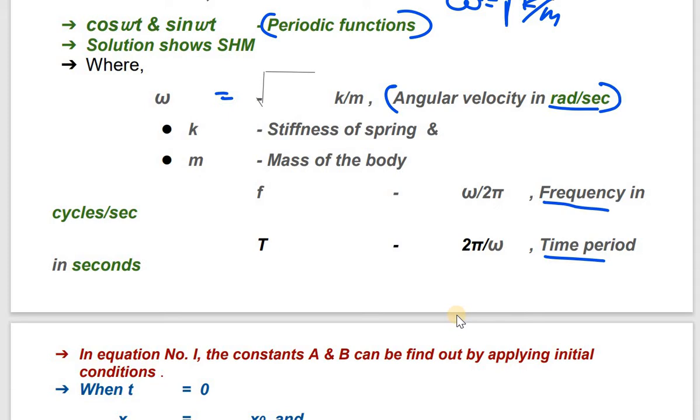So angular velocity is given by root of k by m. Then frequency is equal to omega by 2 pi. The time period is 1 by f, that is equal to 2 pi by omega. So these equations you need to know: omega is equal to root of k by m, frequency and time period.